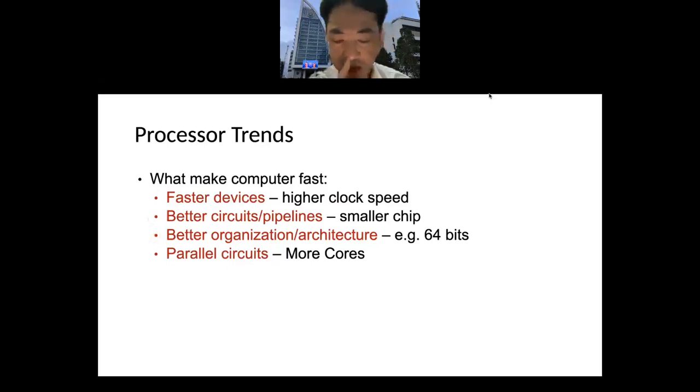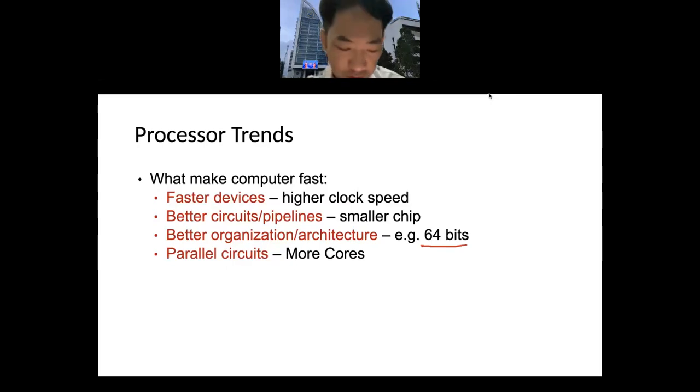For example, instead of using 16-bit, you can use a 32-bit processor, or you can use a 64-bit processor. When we talk about the 64-bit processor, we believe that a 64-bit processor should be faster than a 32-bit processor.